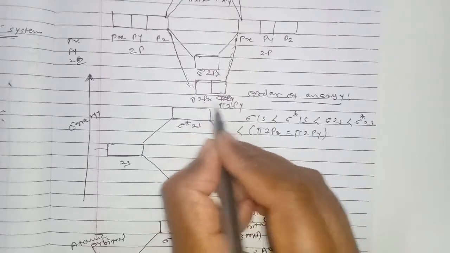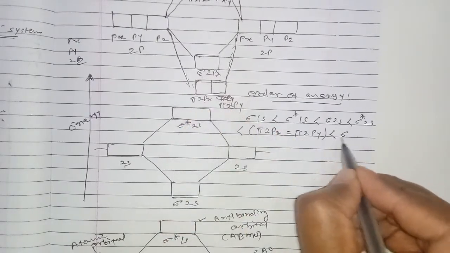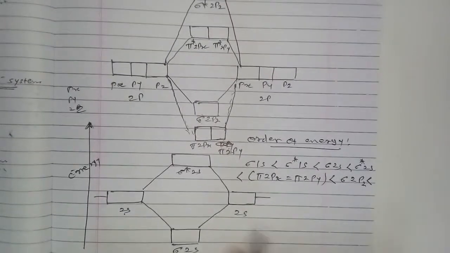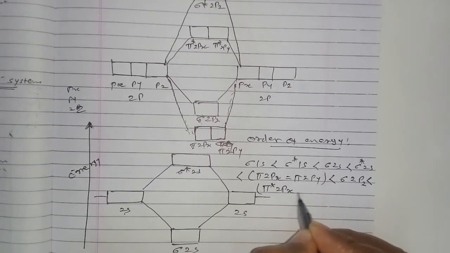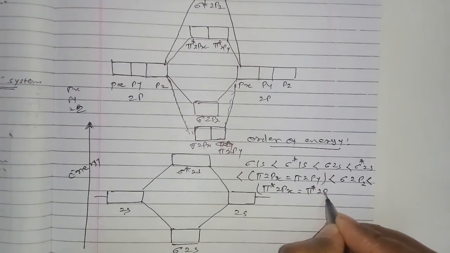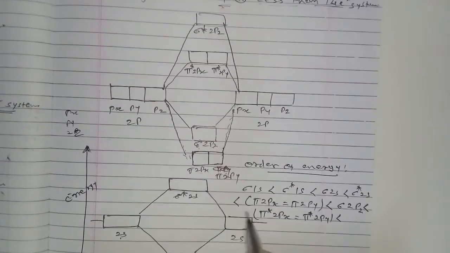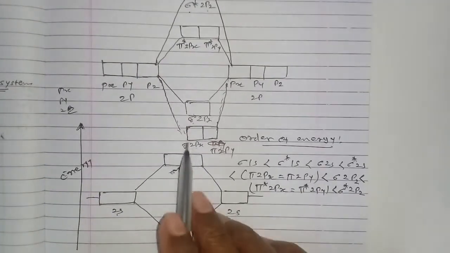That means their energy is nearly the same. Then it is less than sigma 2pz, which is less than pi anti-bonding 2px equal to pi anti-bonding 2py, which is less than sigma anti-bonding 2pz. This is the order of energy.